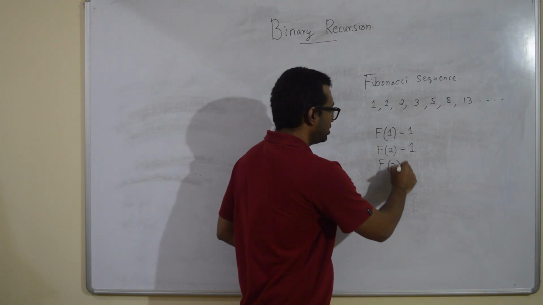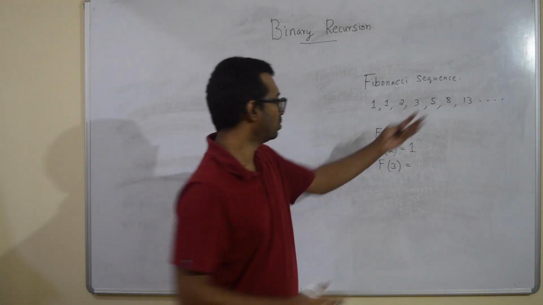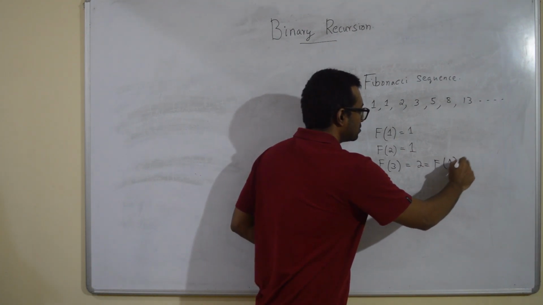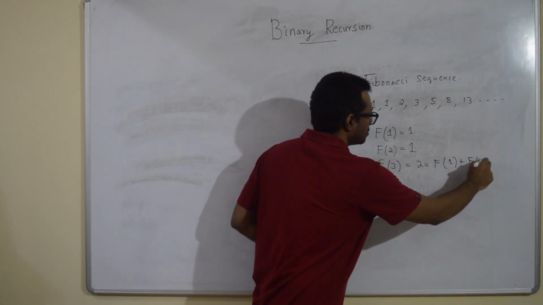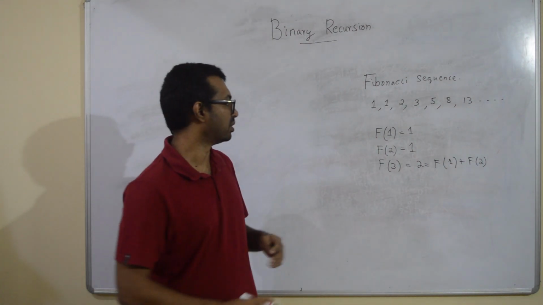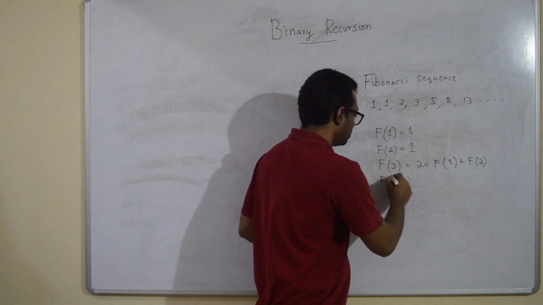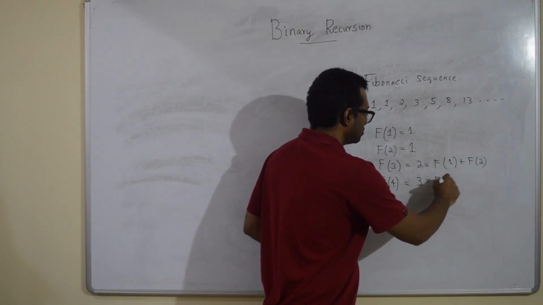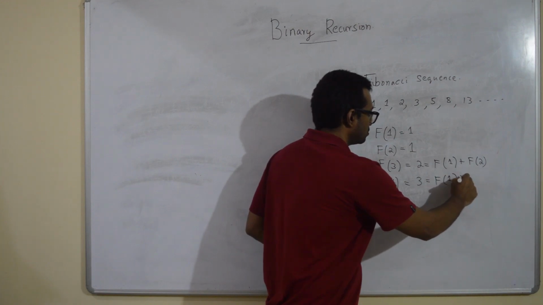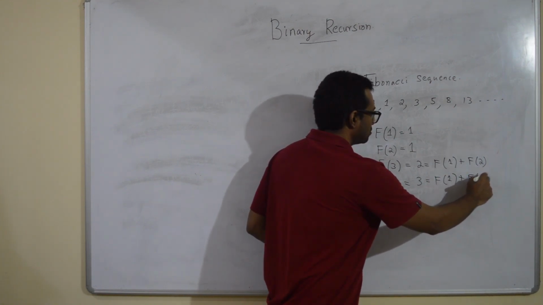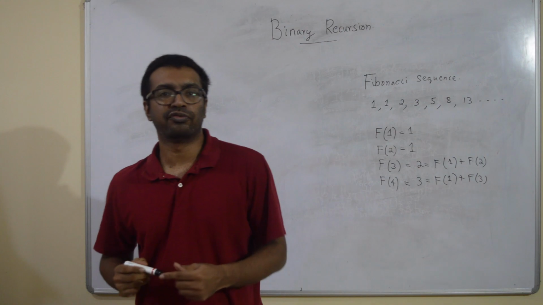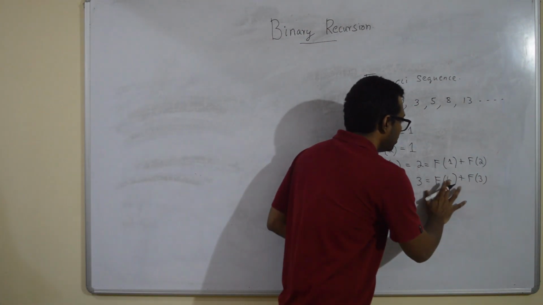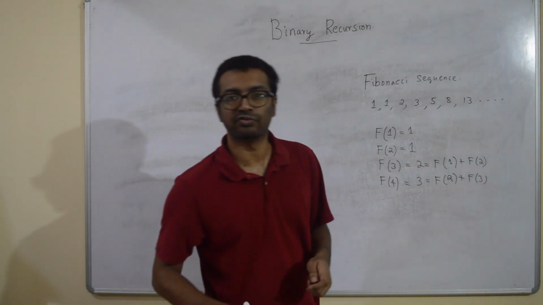So f of 3 is 2, which is f of 1 plus f of 2. And what about f of 4? F of 4 is equal to 3. This is equal to f of 2 plus f of 3.